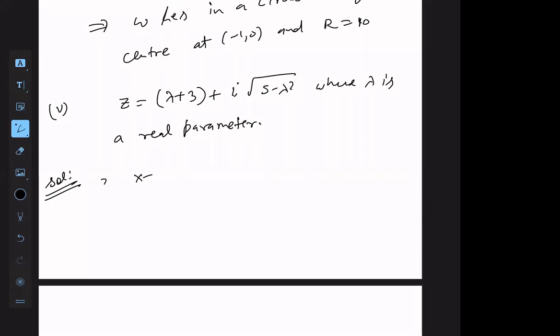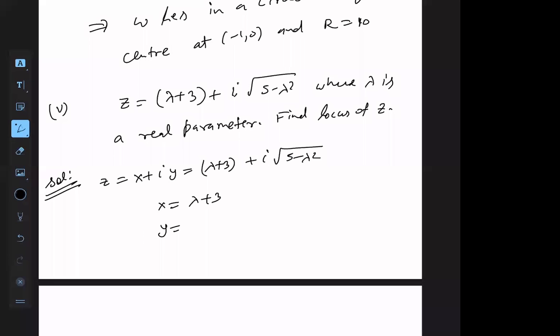Just assume z is equal to x plus iy. You have to find the locus of z. Now just compare. You will get x is equal to lambda plus 3 and y is equal to under root of 5 minus lambda square. So just eliminate lambda because lambda is a parameter. If you have to find the locus, then always eliminate the parameter.